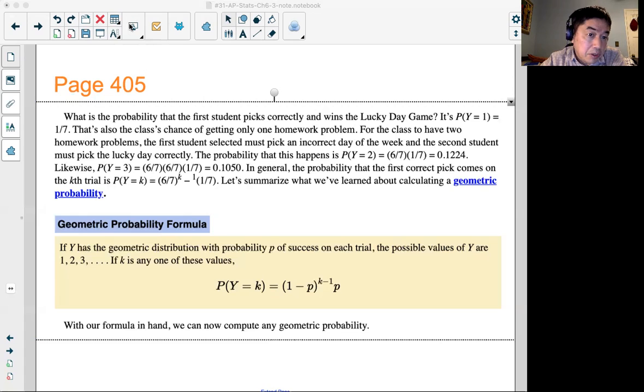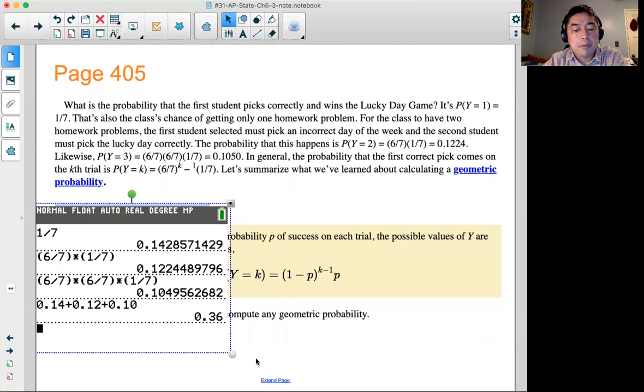So you add those 3 numbers, and estimating to the nearest hundredth decimal, 0.14 plus 0.12 plus 0.10, which is 36%. So this is how you remember this, okay?